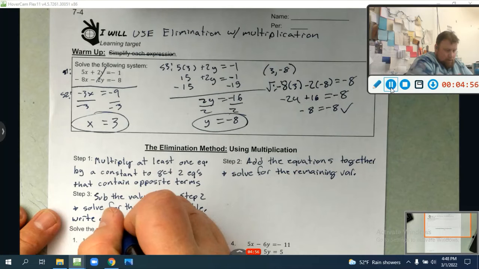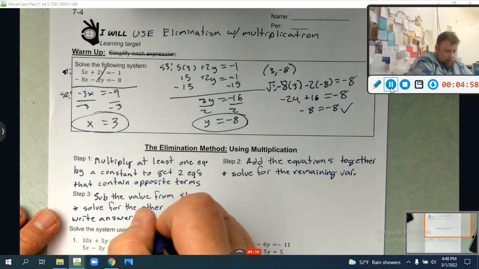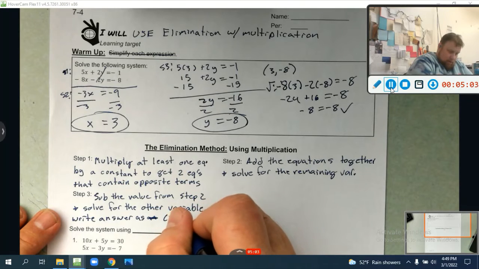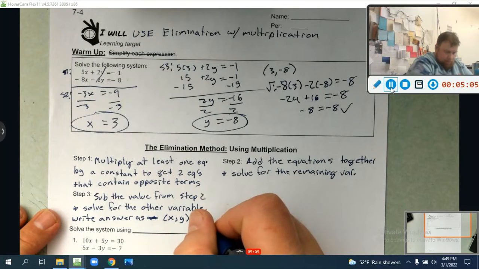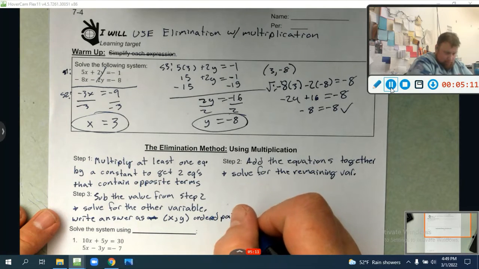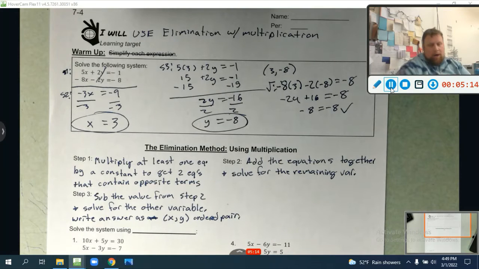Let's write answer as an ordered pair. An XY, right?